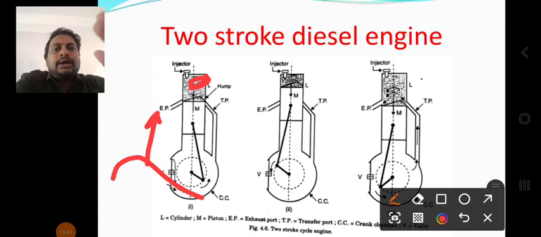Due to the upward movement of the piston, the inlet port will be opened and fresh air comes to the crankcase. Whatever air is present in the engine cylinder will be compressed.